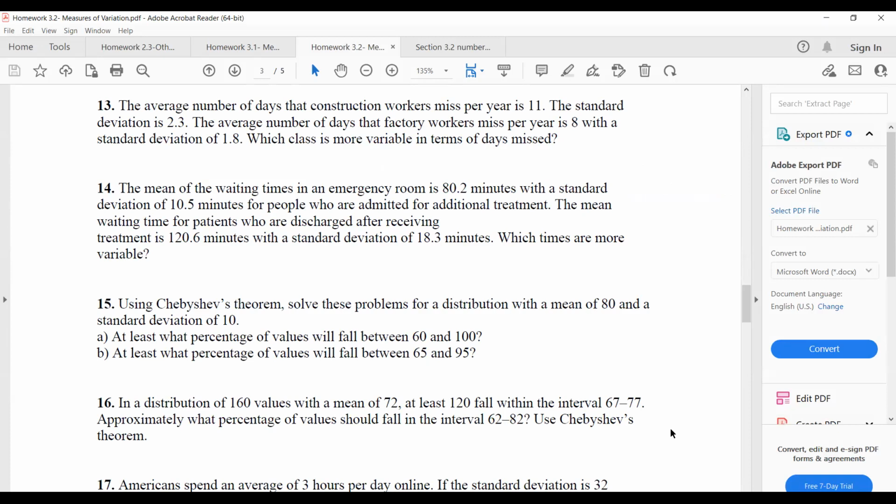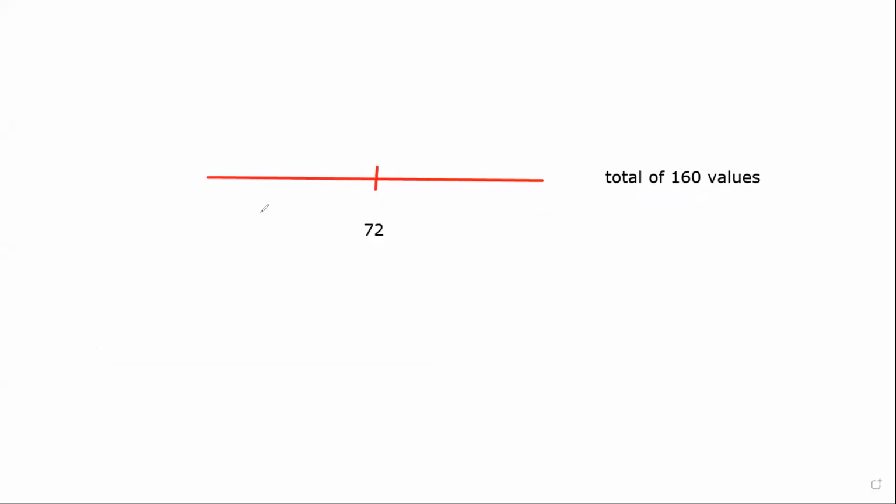So what I'm going to do here is go back to my whiteboard and say, okay, there's the mean somewhere over here. Now, I don't know how many standard deviations I am away from this mean, but I do know that 67 is less than 72, right?